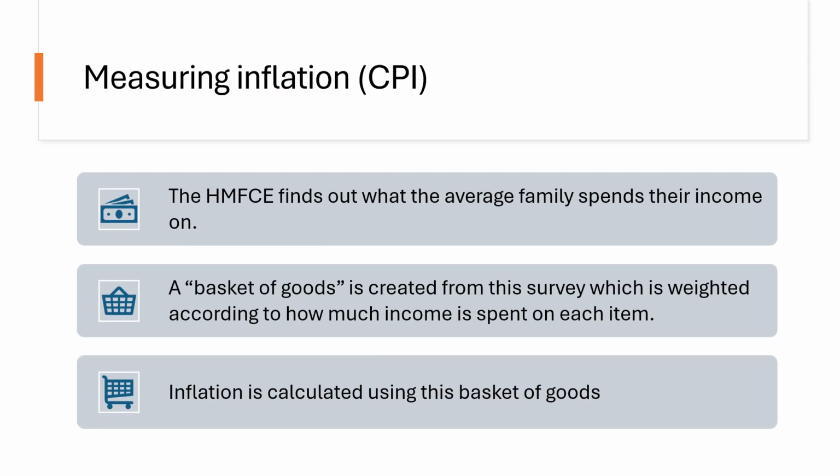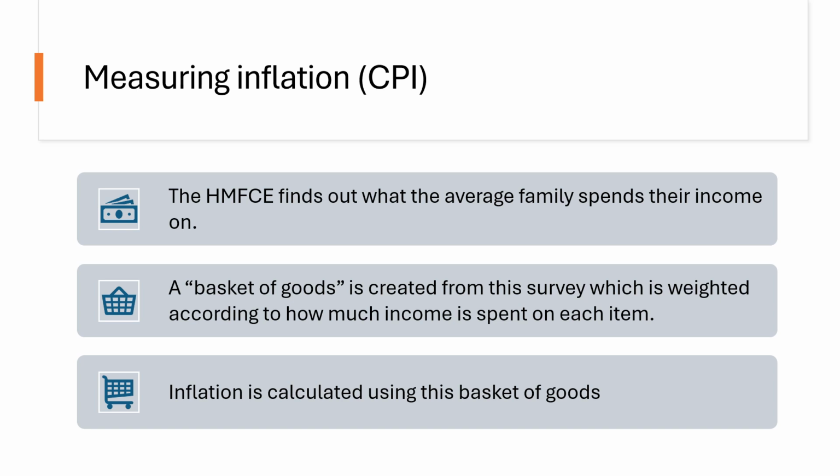Now let's look at how we measure inflation. So there are two main ways of measuring inflation in the UK. Firstly, there's the CPI, and what that is, the HMFCE finds out what the average family spends their income on. There is then a basket of goods that is created from this survey, and then inflation is calculated using this basket of goods.